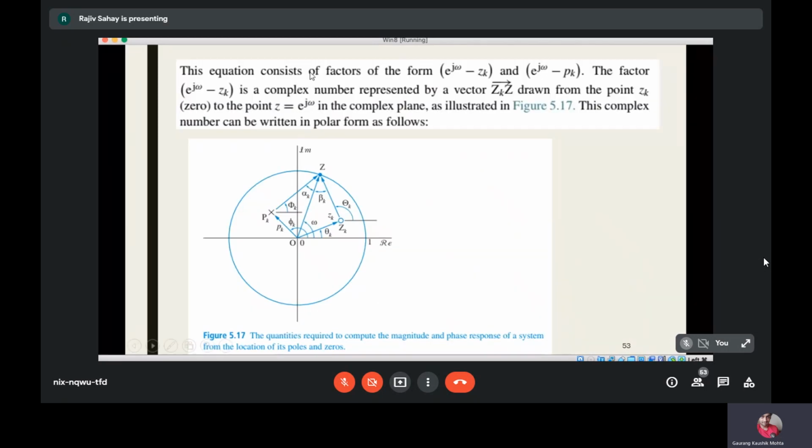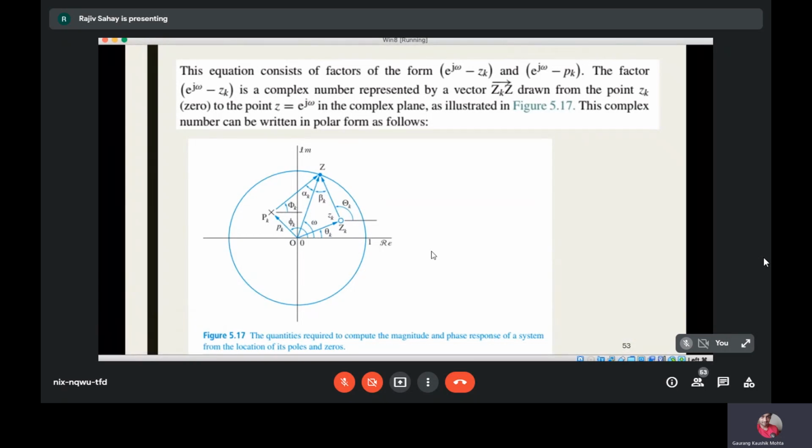So now you see this equation, the last term contains factors of this form. This particular factor, e^{jω} minus z_k or e^{jω} minus p_k, can now be thought of in terms of geometry. You can think how this factor will look on the unit circle and inside the unit circle.